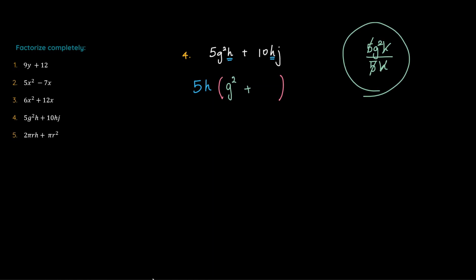Alright, so plus, and the second term is 10hj. And when you divide 10hj by 5h, 10 divided by 5 is 2hj. You took the h out, so that's just j remaining. That's the final answer. You can also do this same way like I did earlier. 10hj divided by 5h, and then 10 divided by 5 is 2, h cancels off, that's 2j, right?